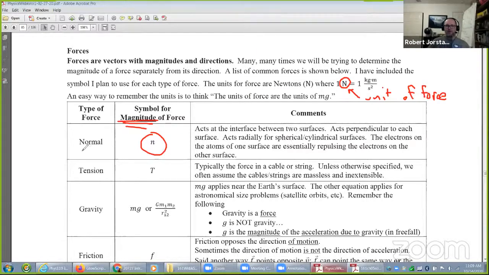Now, normal, I'm not saying like I'm a completely normal guy kind of normal, or you're abnormal because you're taking this class. I'm saying normal as in perpendicular. In a math class, normal means perpendicular. I mean the mathematical definition, so I'll just write perp here for perpendicular.